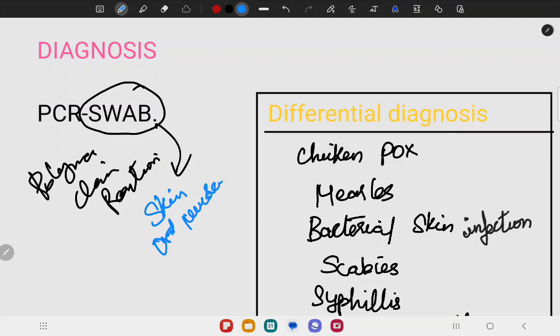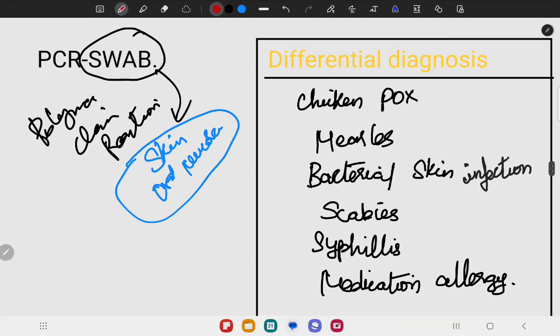By this we can diagnose that virus. But there are also some differential diagnoses for this virus. The lesions are quite similar to some diseases. What are they? They are chickenpox, measles, bacterial infection, scabies, syphilis, and sometimes medical allergy. So the lesions are also quite similar to monkeypox.